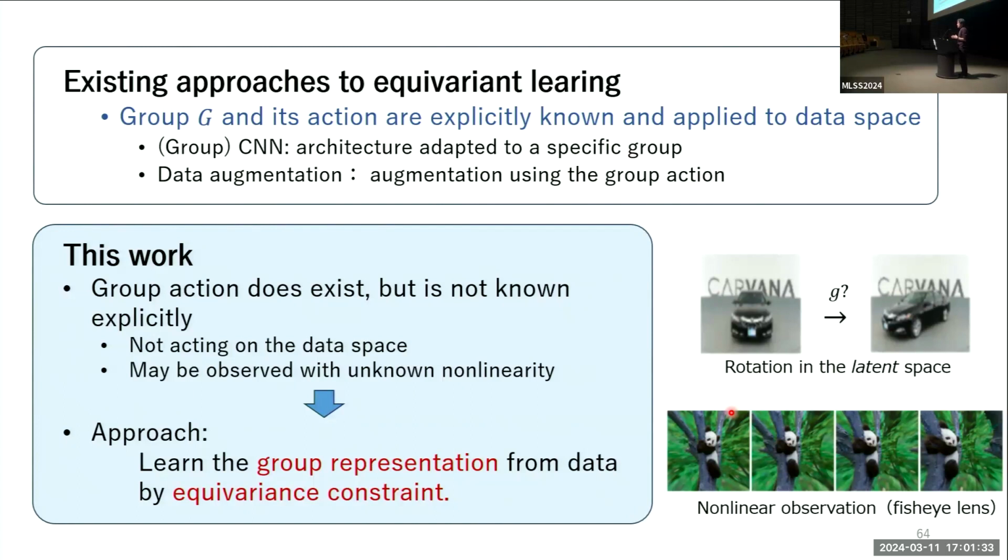However, there are some cases where we cannot assume such explicit application of group action on the data space. Here are a couple of examples. From these two pictures, you can easily imagine that the car in the image is rotating. Because the background is fixed, you may see that it is rotated on a turntable, for example.